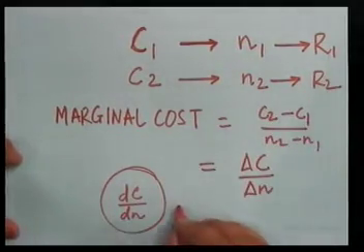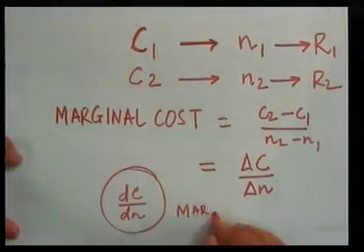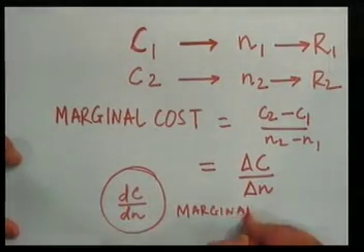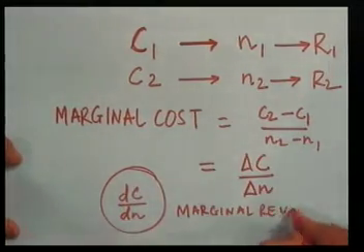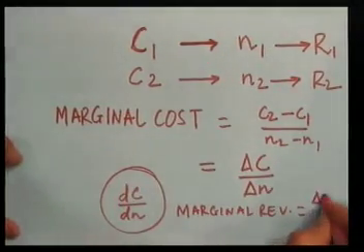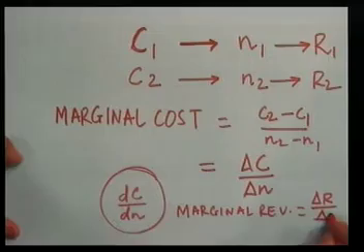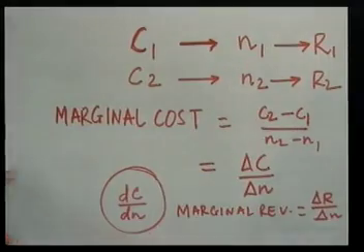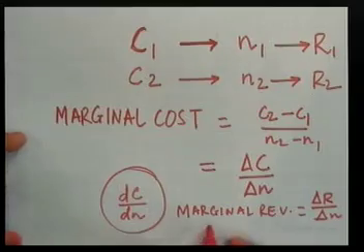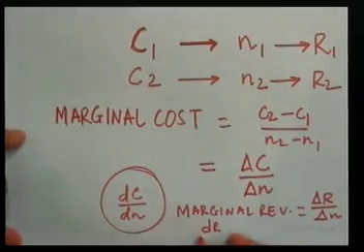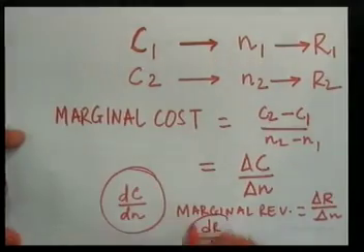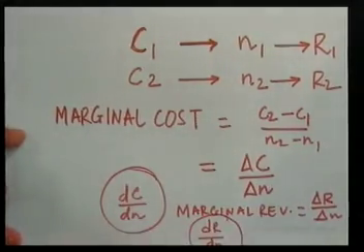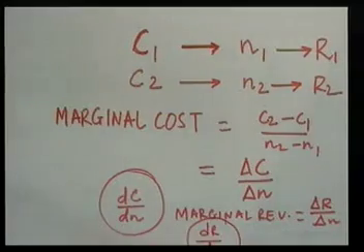So, marginal revenue would be given by delta R upon delta N, and if the increase or decrease in quantity is very small, this can be approximated by dR upon dN. So, this is what marginal revenue is.